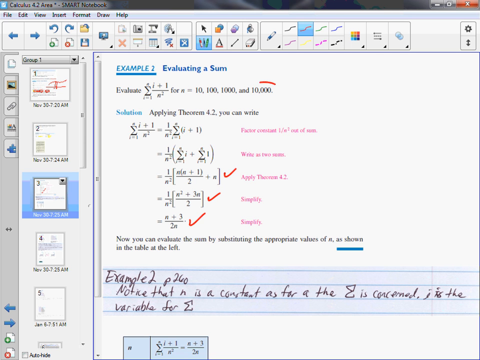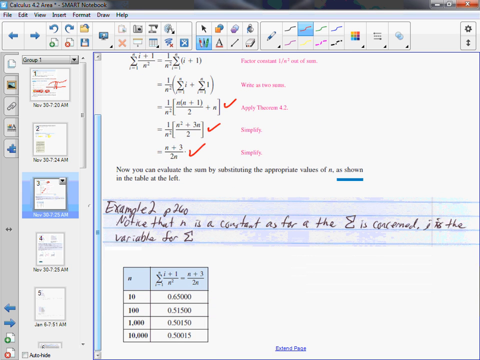Can you stick a 10,000 in there and get an answer now? Now you can. Whereas if you just used the summation notation without using any of its properties or any of its theorems, this would be a problem that you could never finish. But by working with the properties and the theorems, you've turned it into a problem that on your calculator you can do in about 10 seconds. Okay?